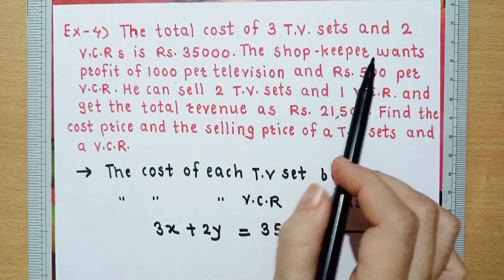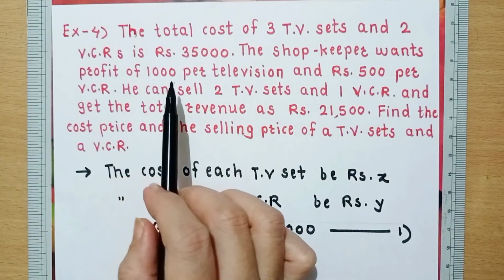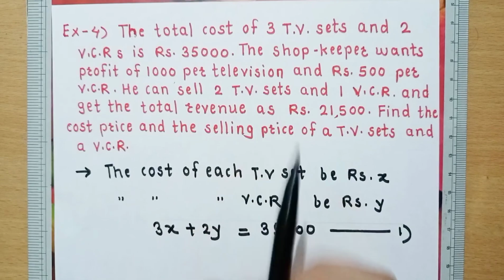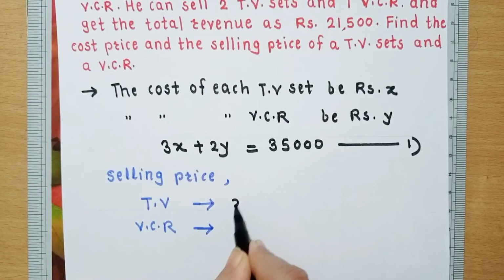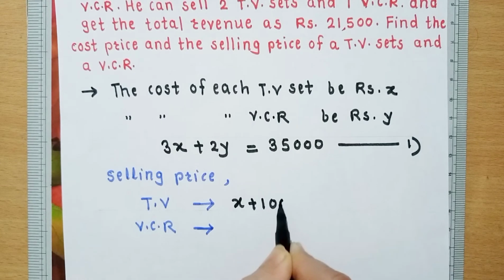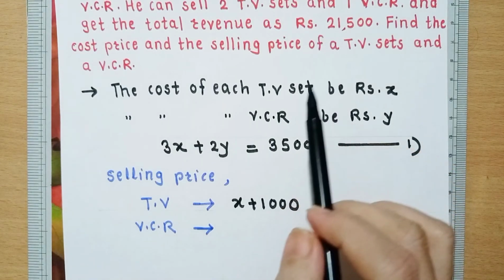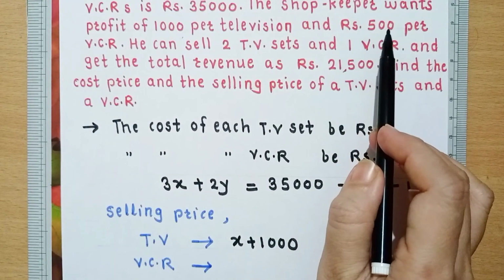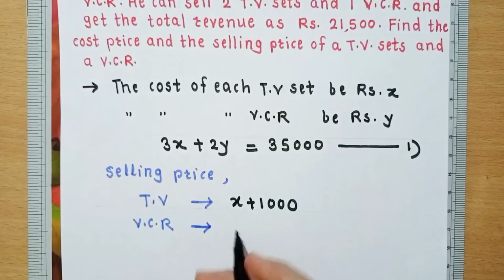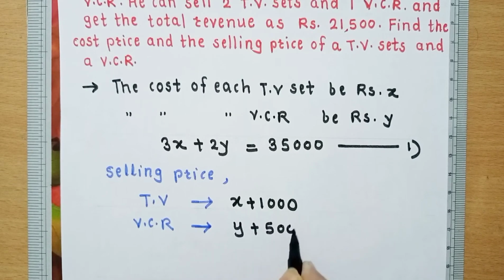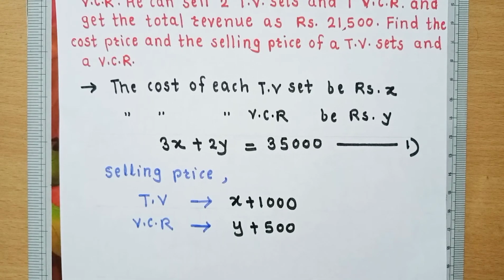Then the shopkeeper wants a profit of 1,000 per television. So the selling price of each TV set is x plus 1,000, and rupees 500 per VCR. So again we will add 500 to y. So these are the new selling prices of TV and VCR.